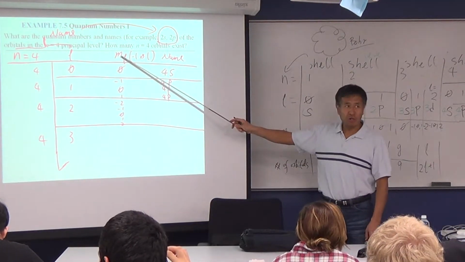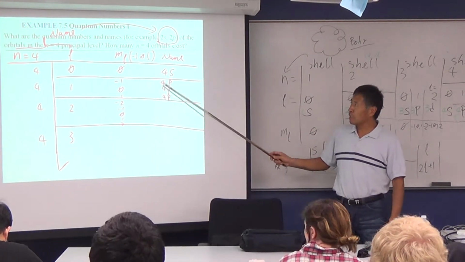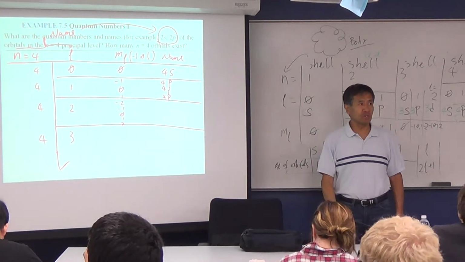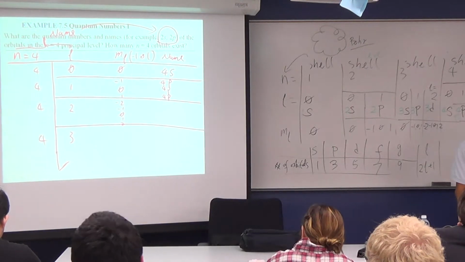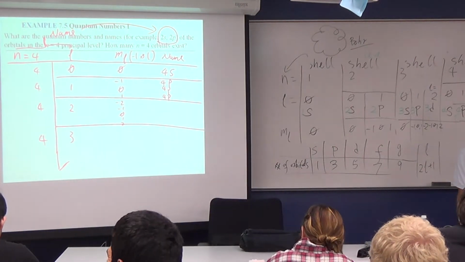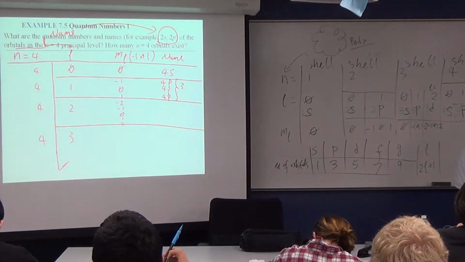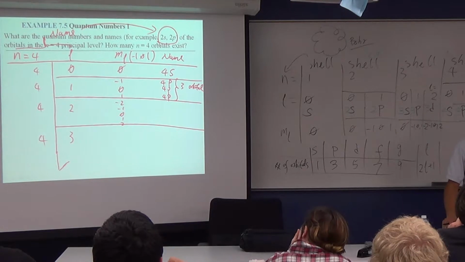So how many of that do you have? How many of those you have will tell you how many orbitals. So that means we have 3 of those orbitals.